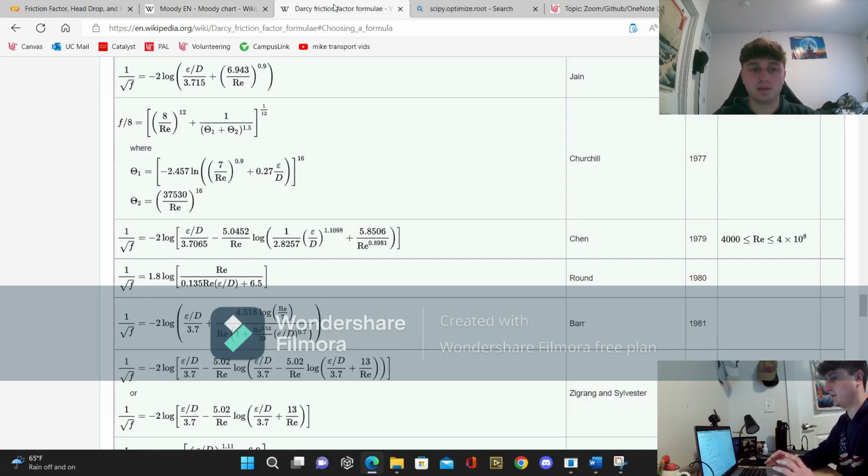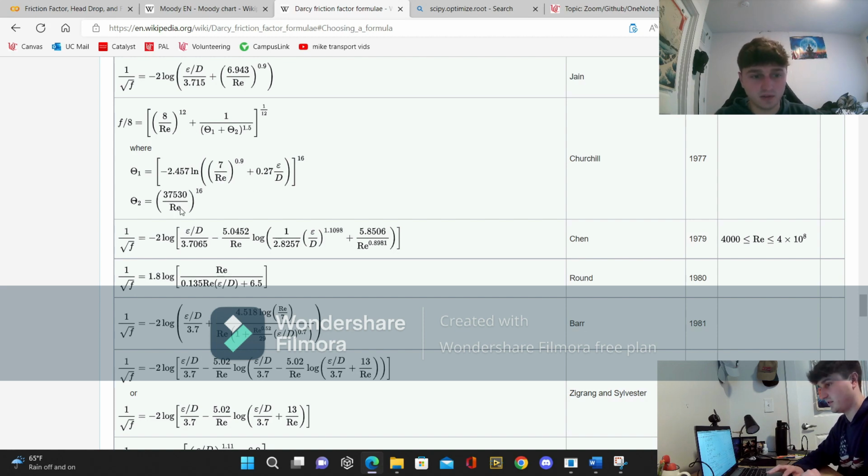So if we head over here, we're going to be talking about this Churchill equation. Looking at this, it actually looks like a lot, but it's actually pretty convenient. The only thing that's going to be a little difficult is syntax, but luckily I have something for that that'll help us out. This is not going to be a nonlinear relationship, because that would make things a lot more difficult.